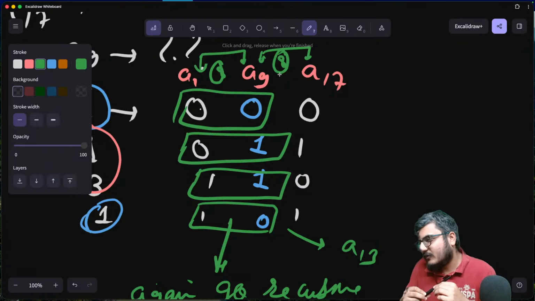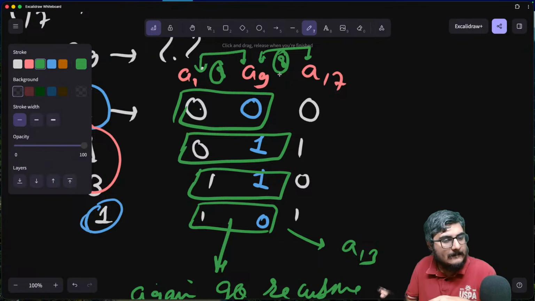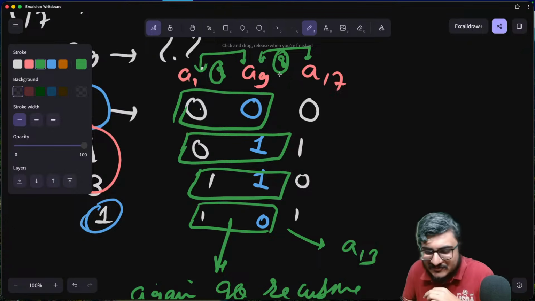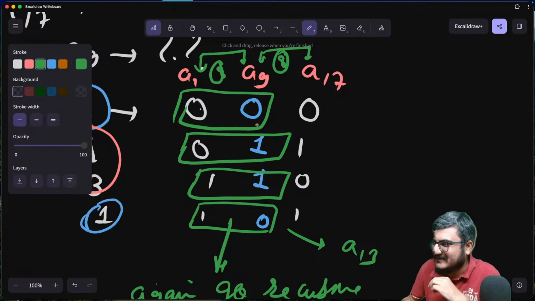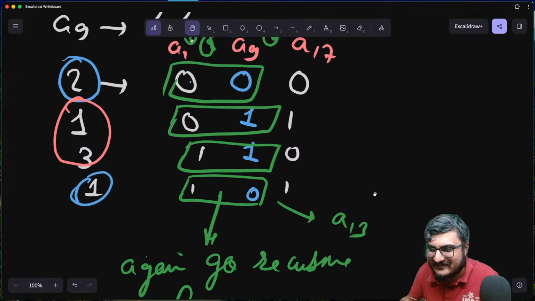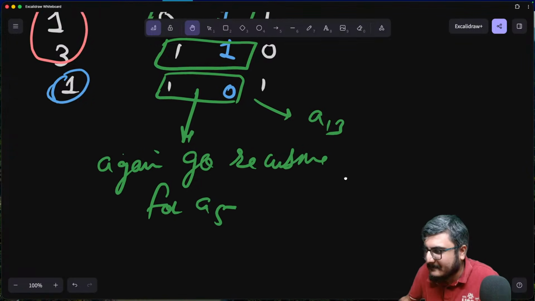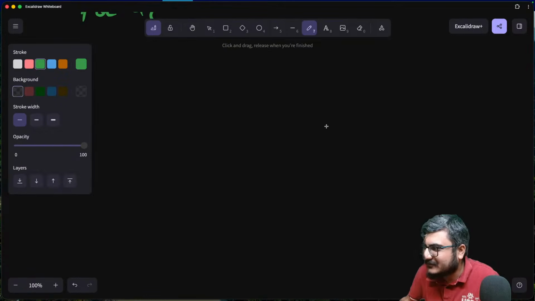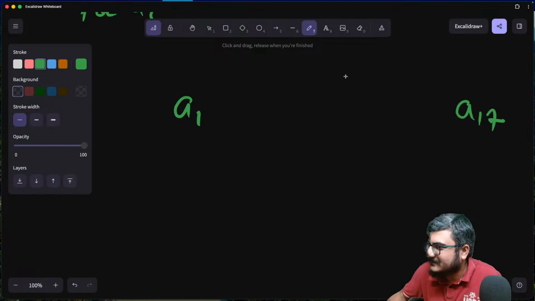A5 and A17 are the same pair. Interesting claim. Good idea. I did not observe it, but that makes life a bit simpler as well. So the claim here is we have A1 here, we have A17 here, then we have A9.